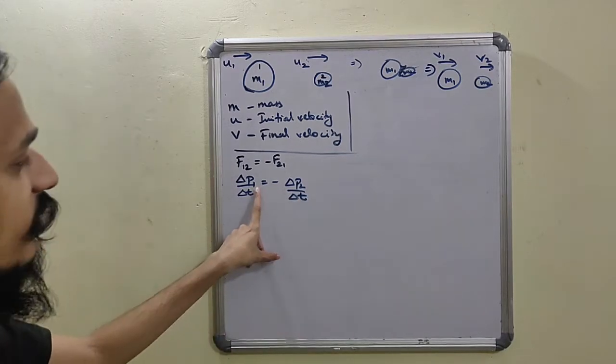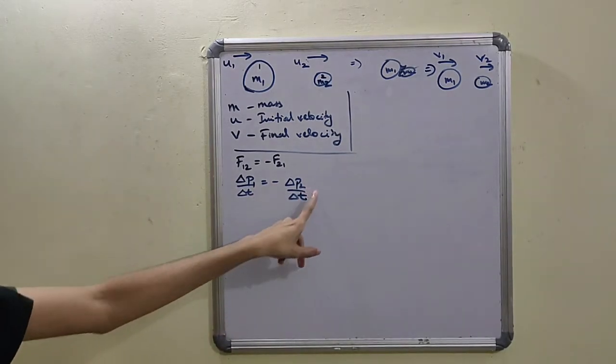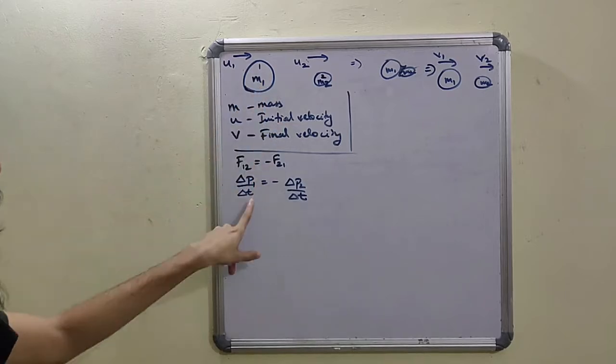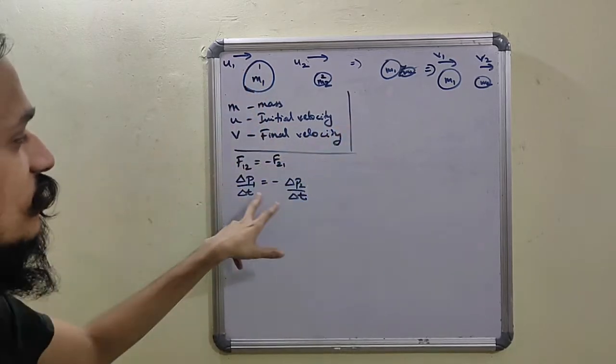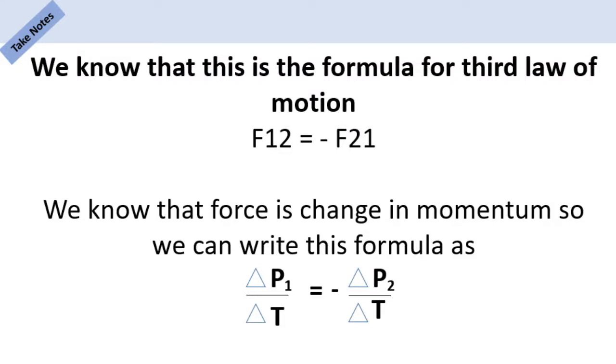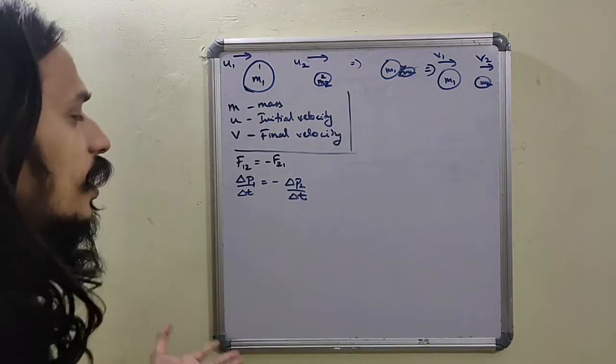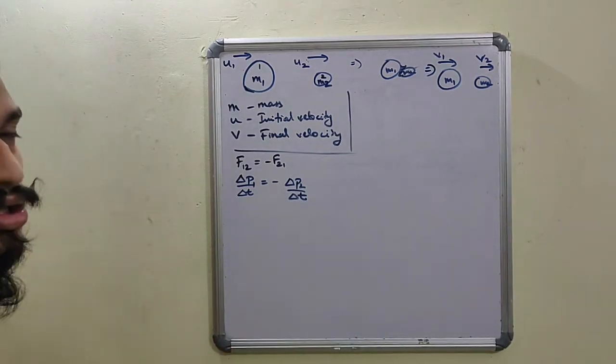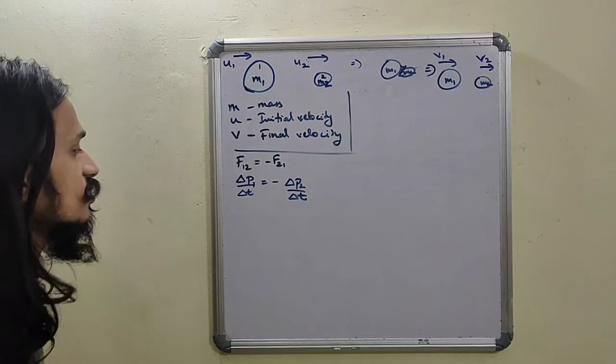I write P1 and P2 because each object has a different change in momentum: momentum for the first object, momentum for the second. And we know what momentum is: mass into velocity, how much mass the object has multiplied by how fast it is going.